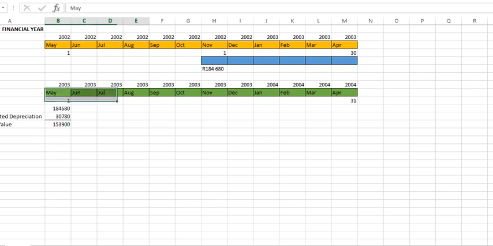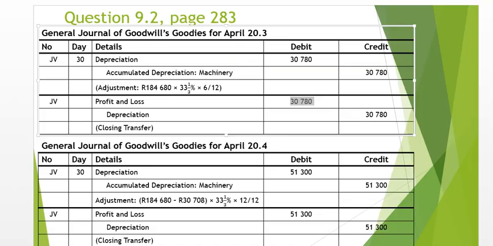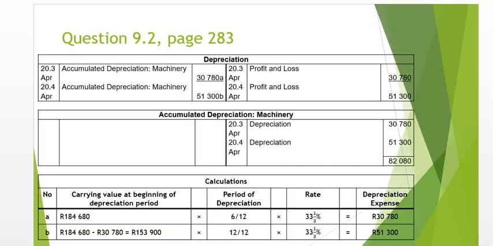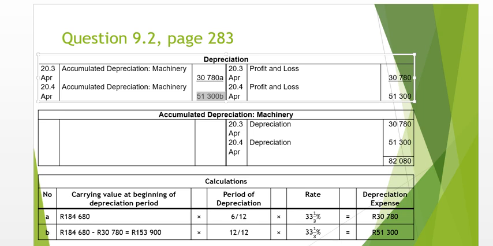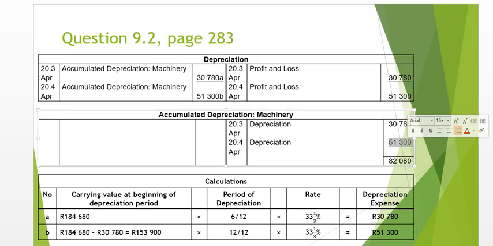We will then depreciate for 12 out of 12 months at a rate of 33.3% to get to a depreciation amount of 51,300 rand. We will debit our depreciation expense account, and we're going to credit our accumulated depreciation account on machinery.